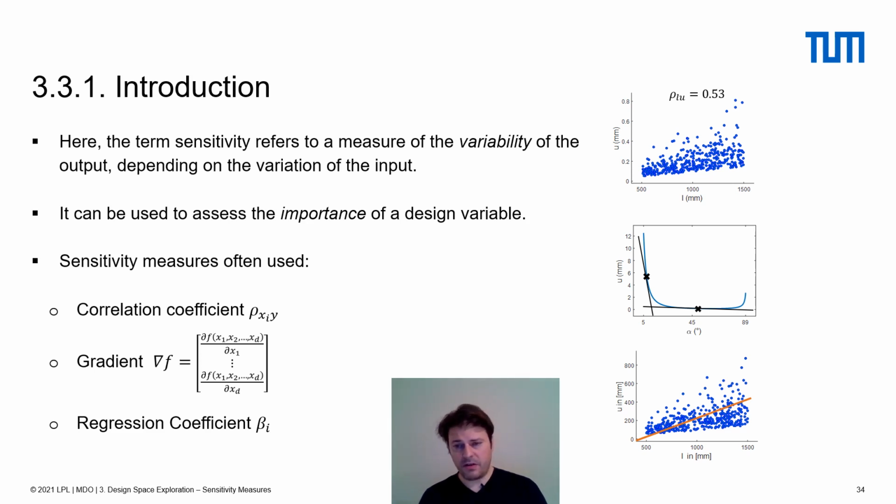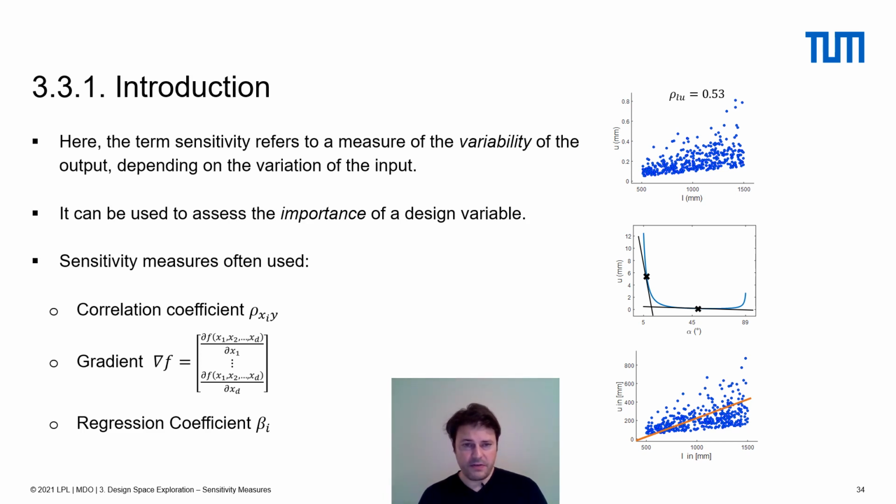There are other notions of sensitivity, but this is what we mean here, and it is meant to give an idea of how important design variables are, so that you can distinguish unimportant design variables from important design variables to reduce the size of your problem or the dimensionality of your problem, for example.